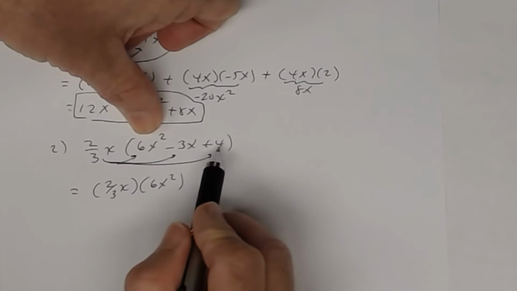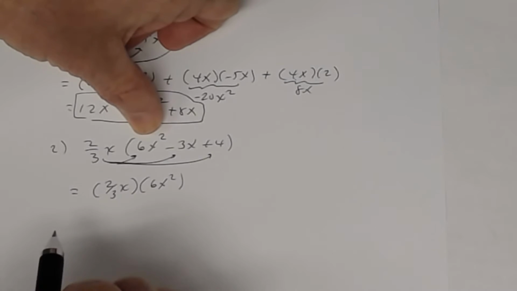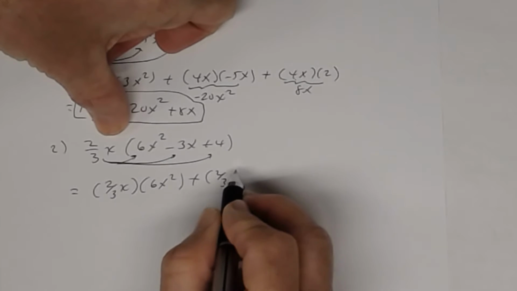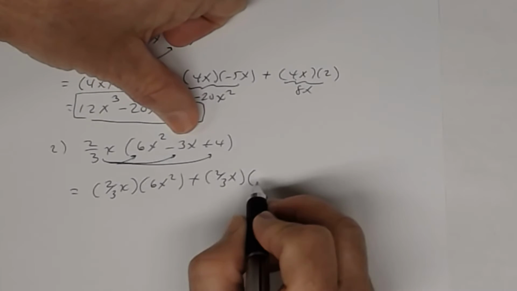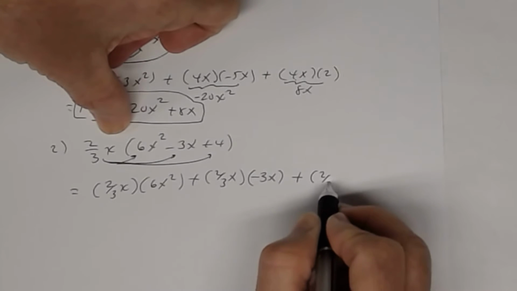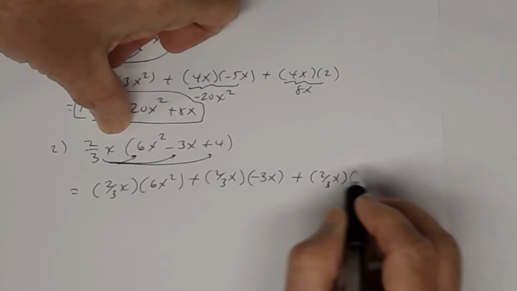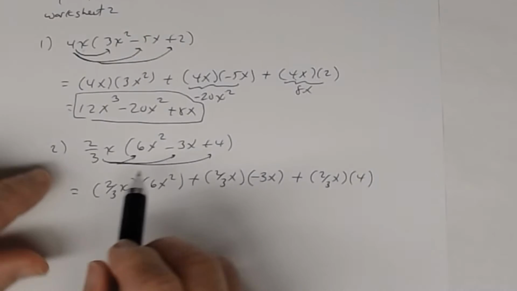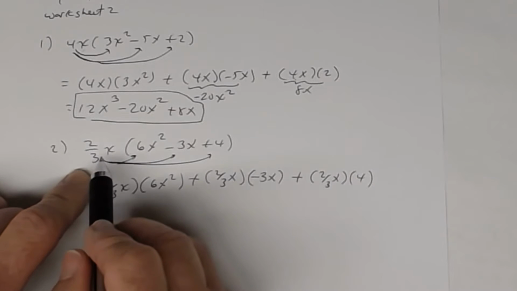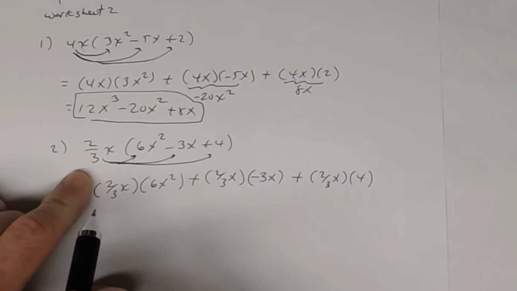Every term in that polynomial has to be multiplied by 2/3 x, plus 2/3 x times that second term, negative 3x, plus 2/3 x times that third term, which is 4. So every term in that polynomial has to be multiplied by that monomial, hence that distributive property.